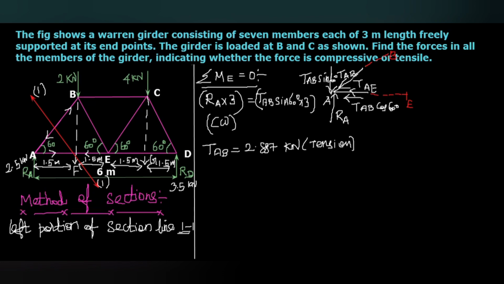So for the same free body diagram, I am going to take moment about the point B and equate to 0.